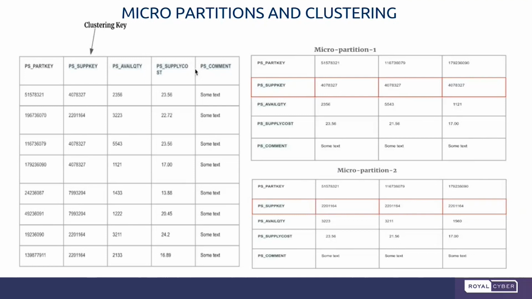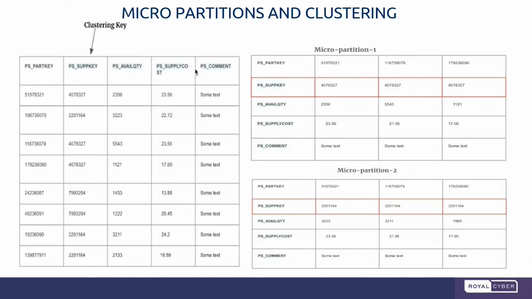If we take a look at the picture, on the left-hand side, we have a traditional structured table. And on the right-hand side, after it gets uploaded in Snowflake, it makes the first micropartition. So the data is stored in columns.